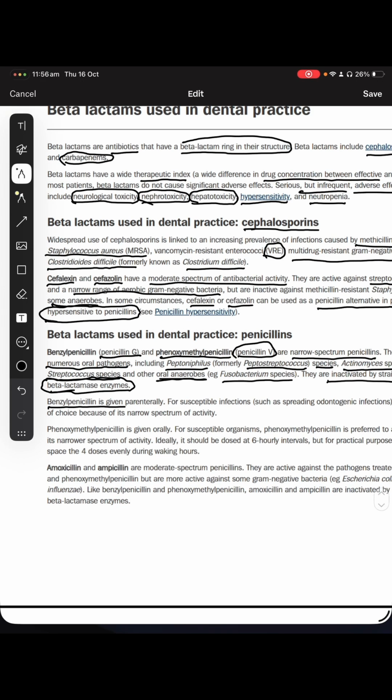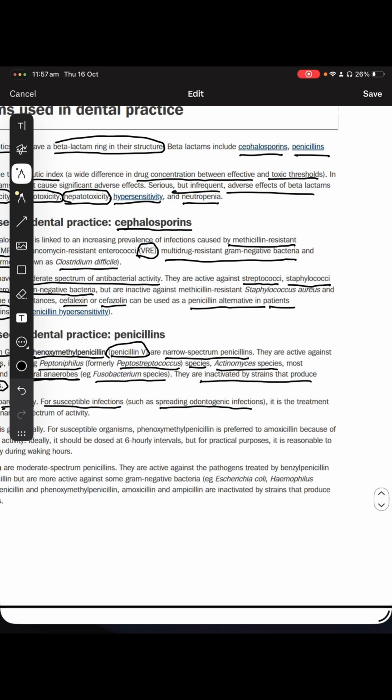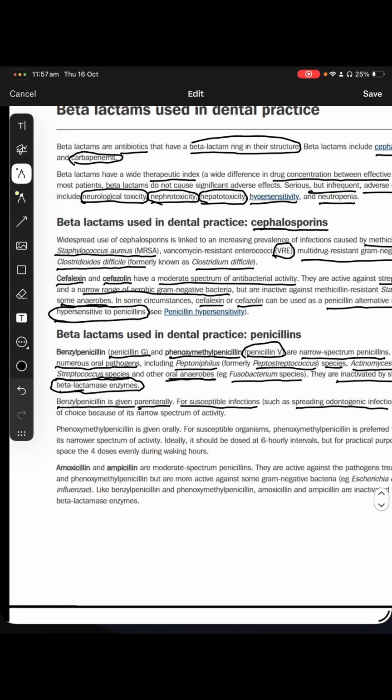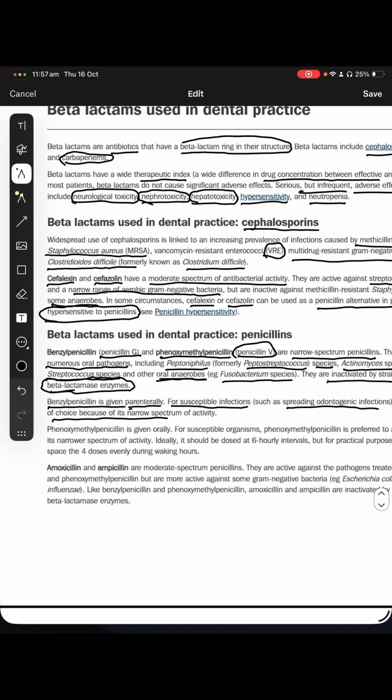Benzyl penicillin is given parenterally for susceptible infections such as spreading odontogenic infections, and it is the treatment of choice because of its narrow spectrum of activity.